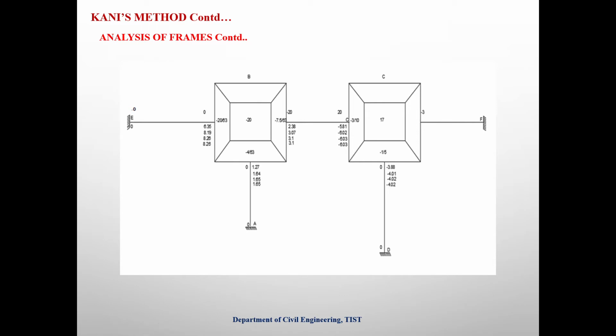In the case of a frame, you cannot consider this joint as a simply supported one. You have to consider this minus 3 to write the fixed end moment here. That means 20 minus 3, that is 17 here.